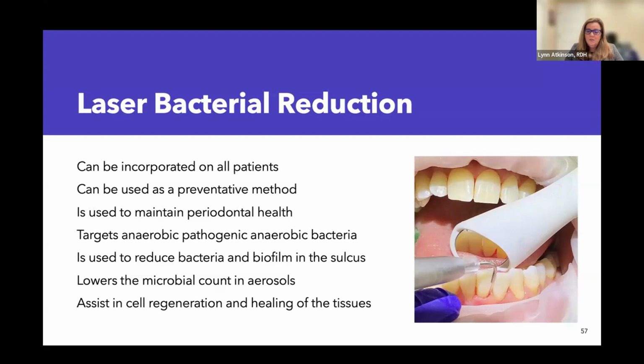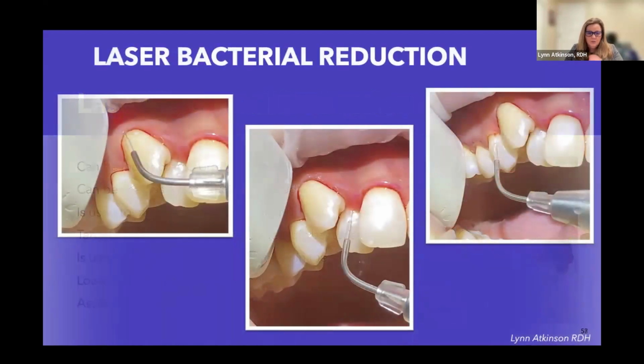It will also be absorbed into any of the bleeding, any of the inflammation, and it'll help stimulate new cell growth as well. It lowers the microbial count in the aerosols, and it assists in cell regeneration and healing of those tissues. This is what LBR looks like.